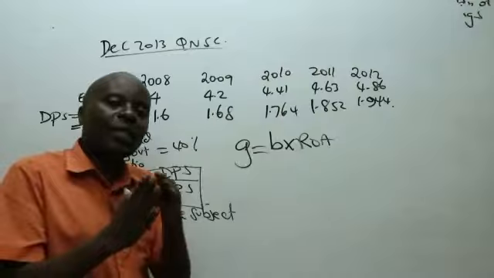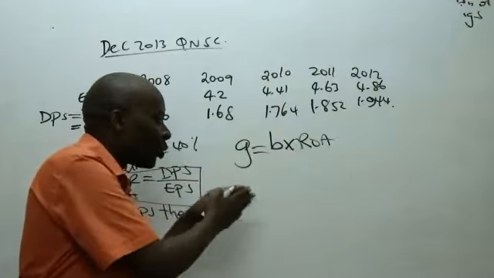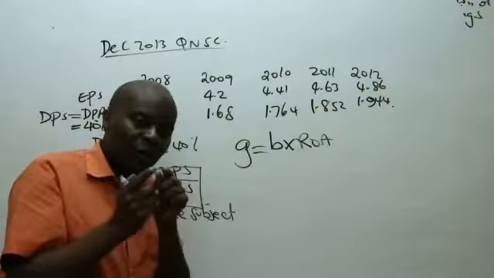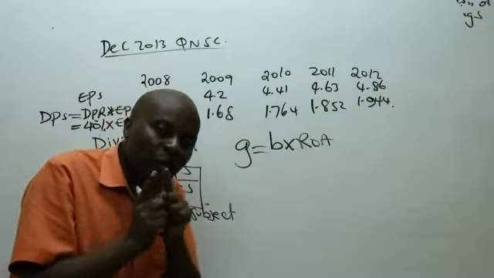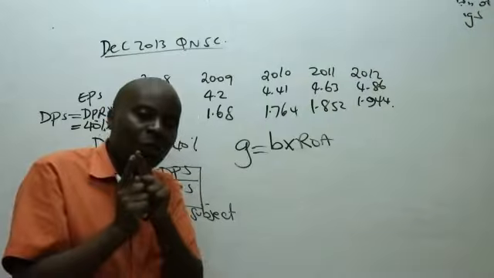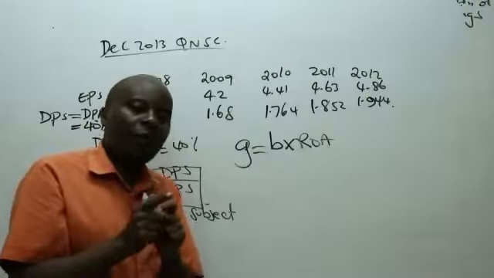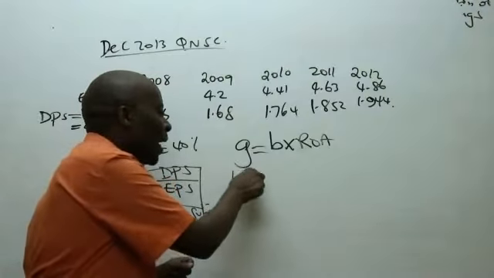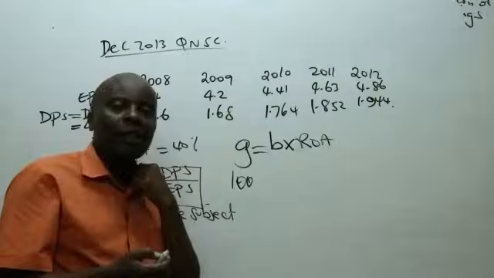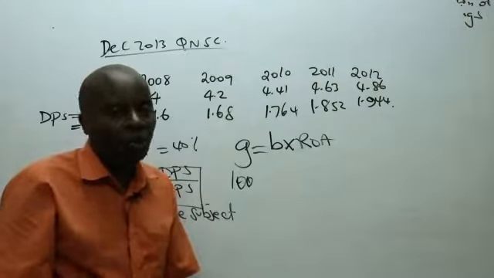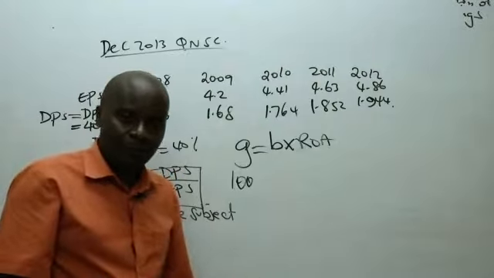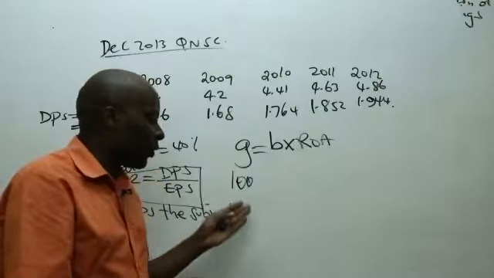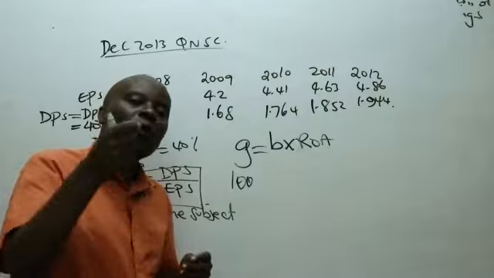The person who discovered this model of getting growth rate told us something very interesting, something that can also help you as an individual to manage your own finances. If, for example, you are getting say 100,000 every month, don't consume everything out of that 100,000. Make sure that you retain.